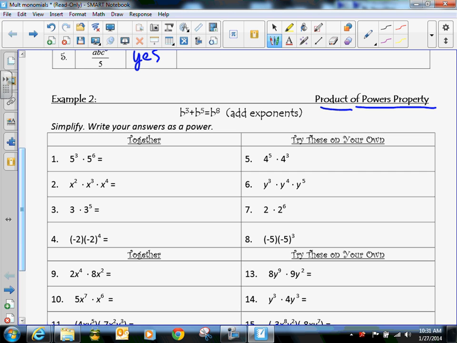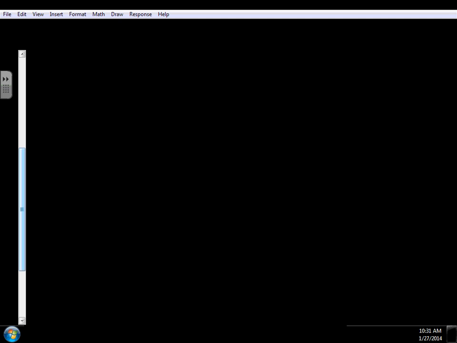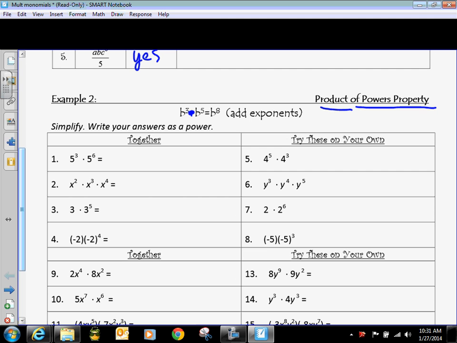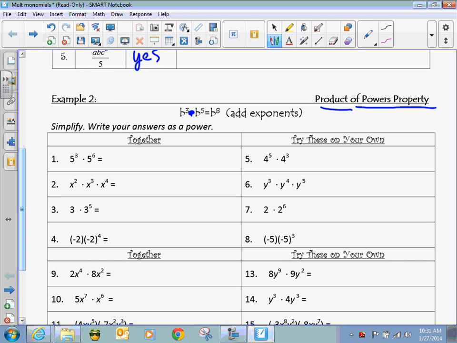So if I have b to the 3rd, and that should be a multiplication symbol there. If I have b to the 3rd times b to the 5th, it's going to be b to the 8th.